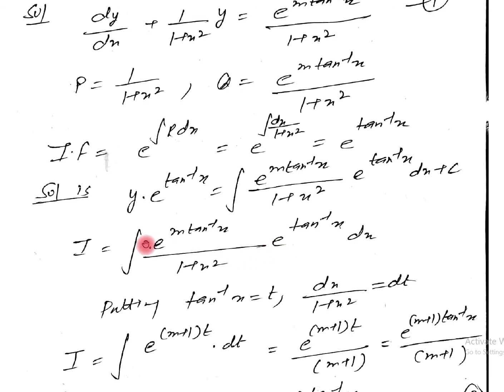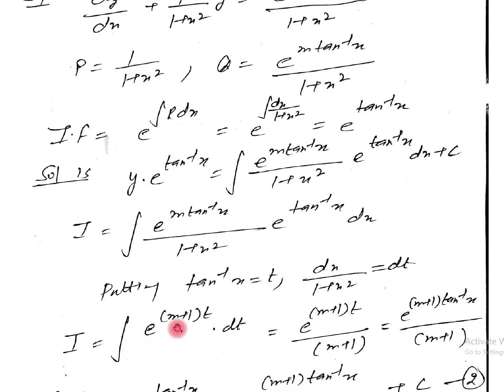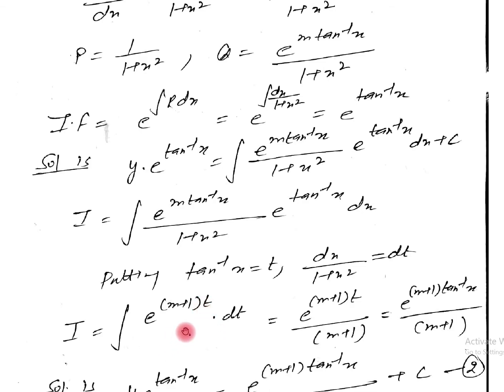Because here we can collect the power, e raised to power tan inverse x into m plus 1. Putting tan inverse x equal to t, it becomes e raised to power m plus 1 into t dt. So the integral of this is e raised to power m plus 1 into t upon m plus 1. Putting the value of t, e raised to power m plus 1 tan inverse x upon m plus 1.